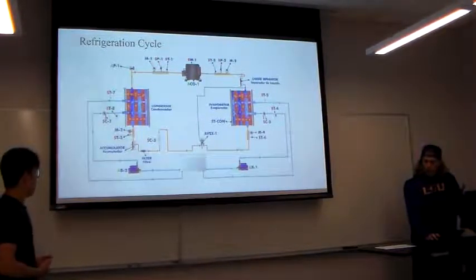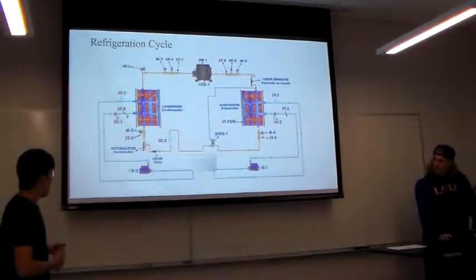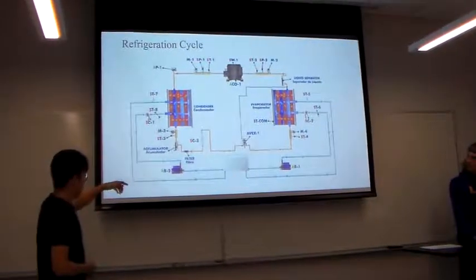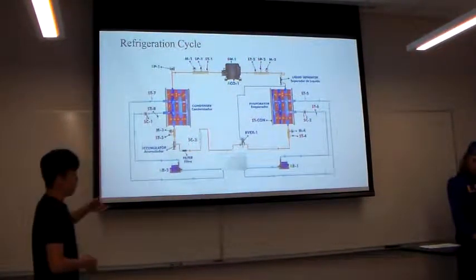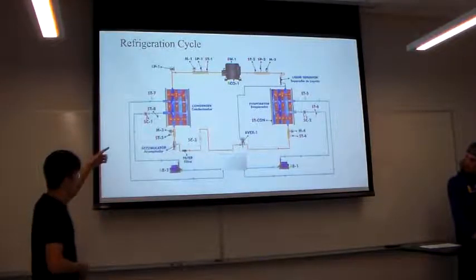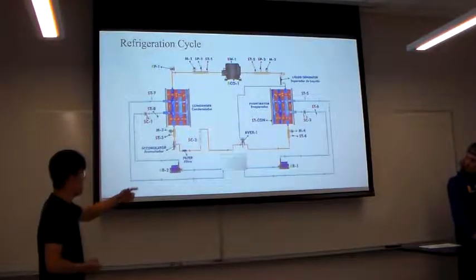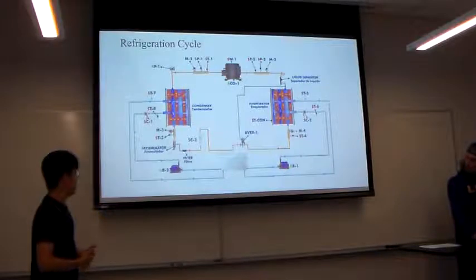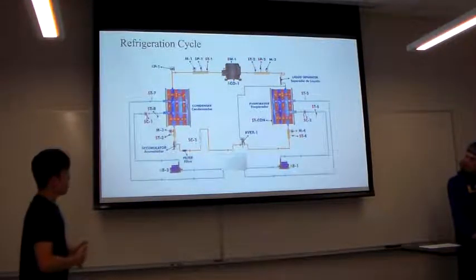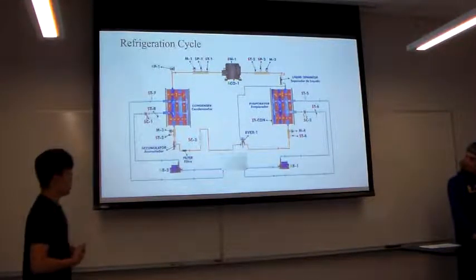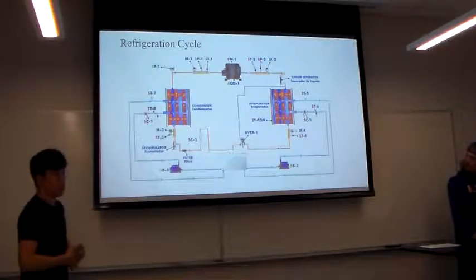The water flow is pumped to the condenser by the water pump right here to exchange heat with the condenser and evaporator. So the water absorbs the heat from the condenser, which is the QH, and the water dissipates the heat to the evaporator, which is the QL.